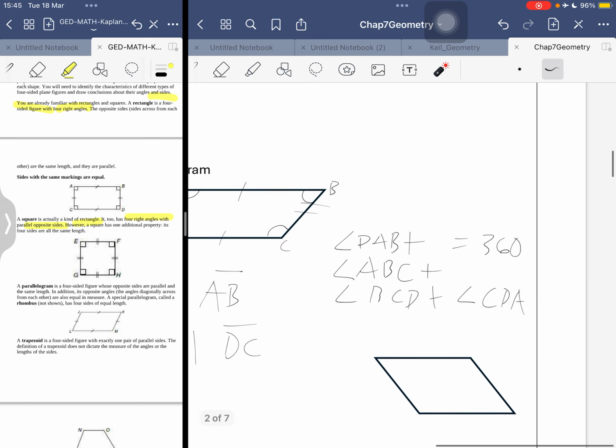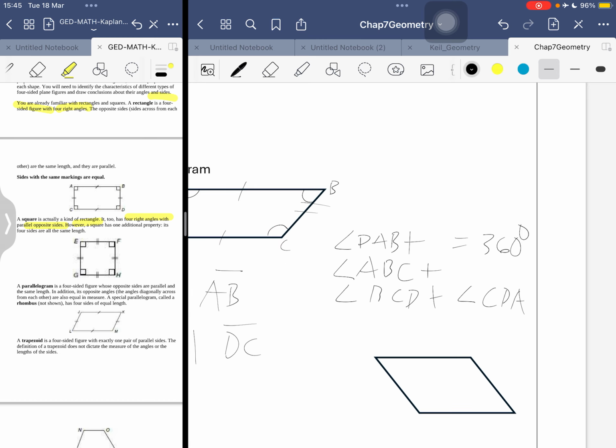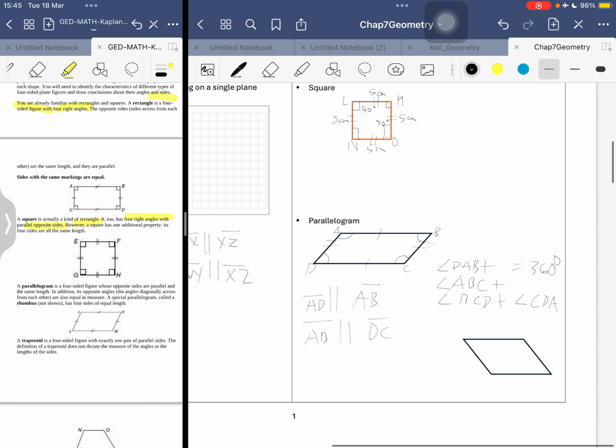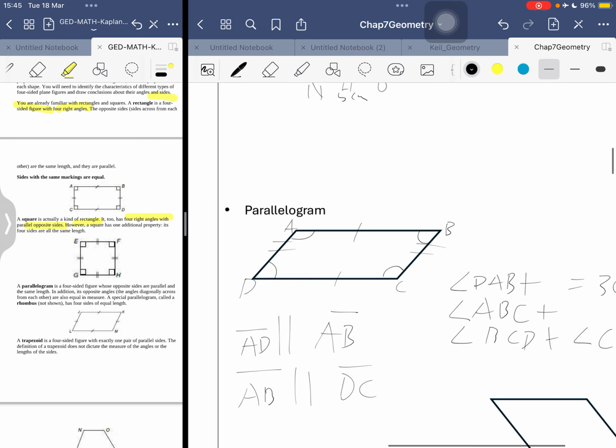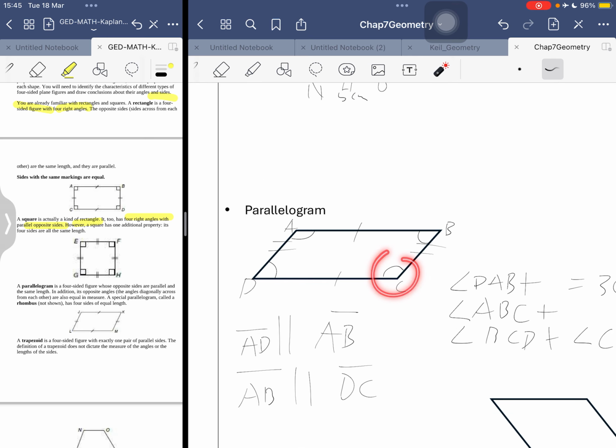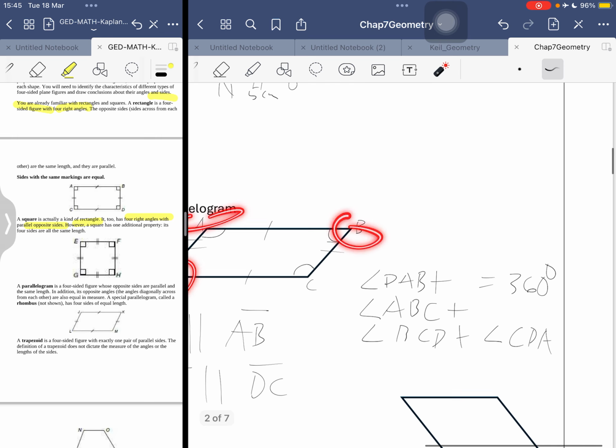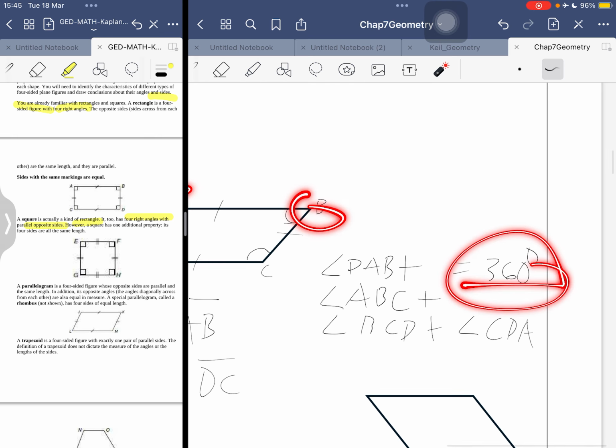It would always be equal to 360 degrees. So it would be helpful if, for example, you don't know the angle of one side, but you know the angles of the other sides. You can just add them all up and subtract from 360 degrees.